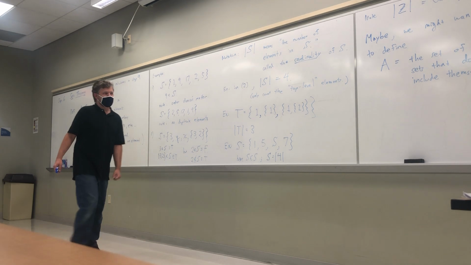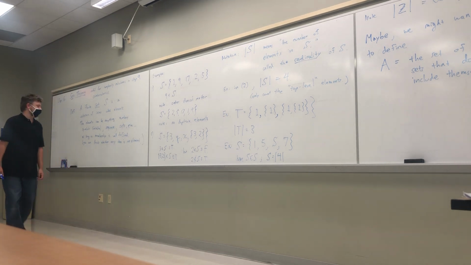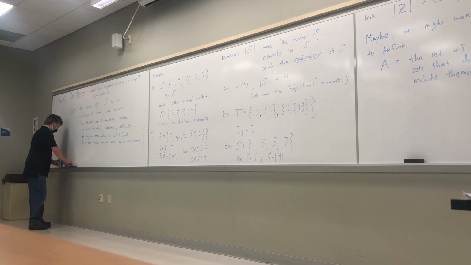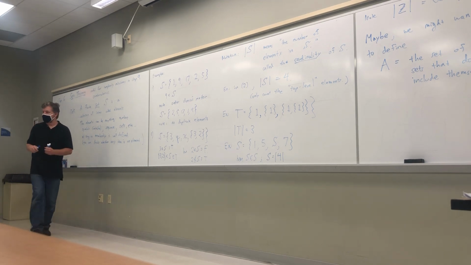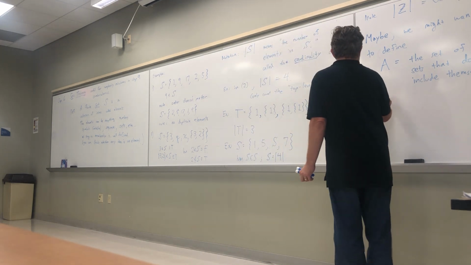I put the word maybe there on purpose because that's what people just thought might be a good idea, but quickly realized that it runs into problems. If you try to say the set of all sets that don't include themselves as elements, it turns out that capital A can't be a set logically. A seems like it would be fine.